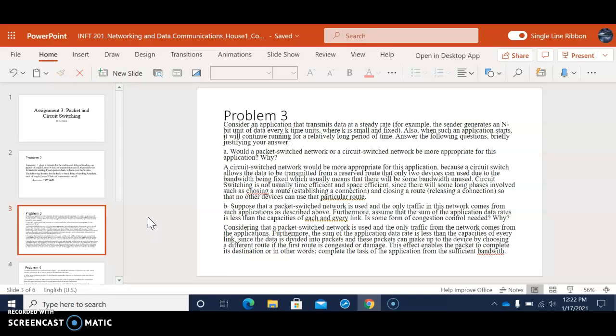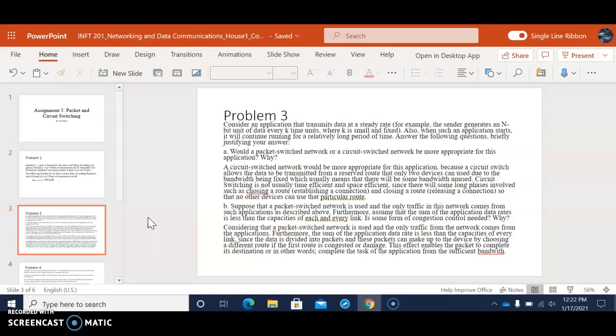For a link, usually there will be more than one route. However, in a circuit switching network, the client computer needs to choose a reserved route and establish the connection. So usually only two computers can use it, not more than two.